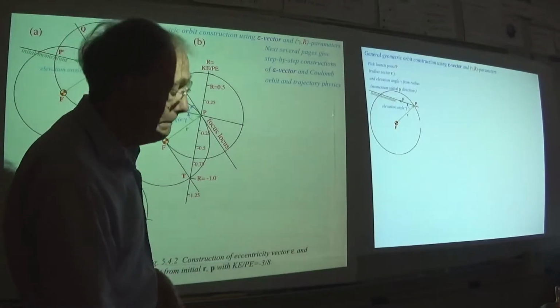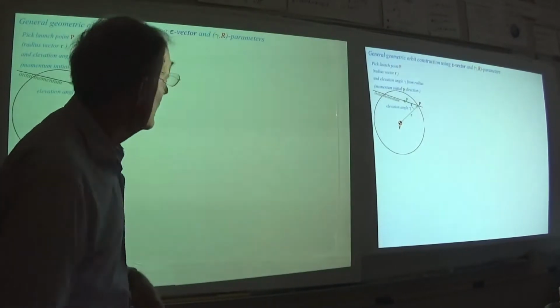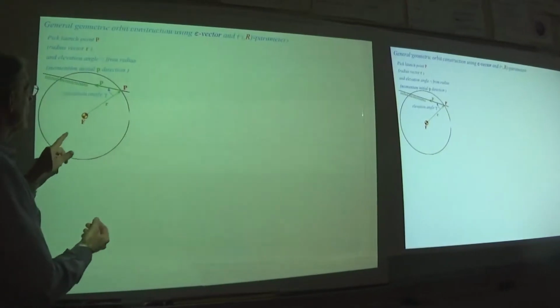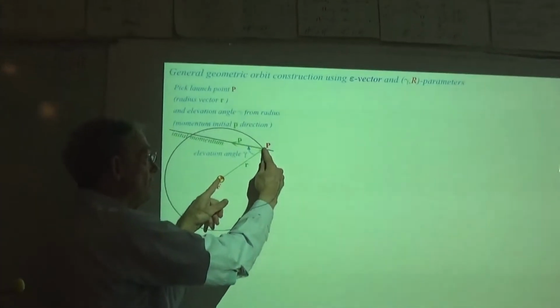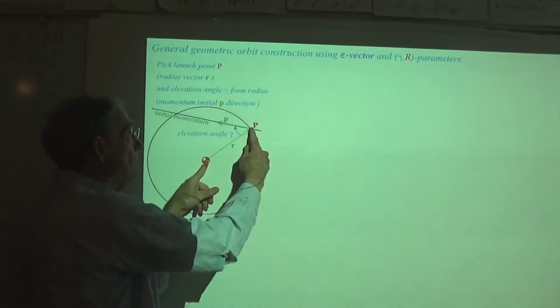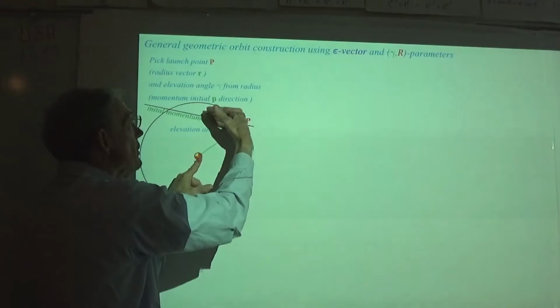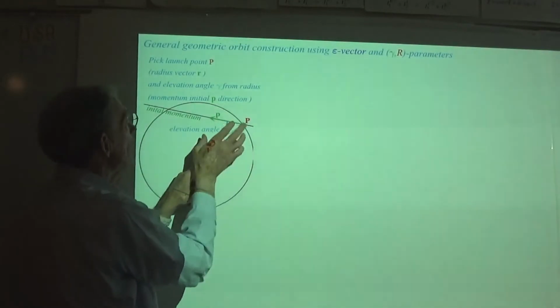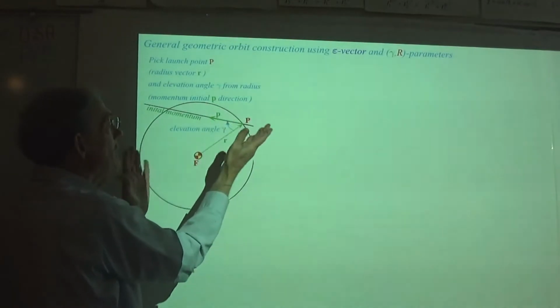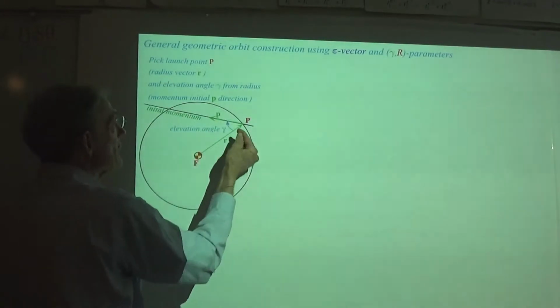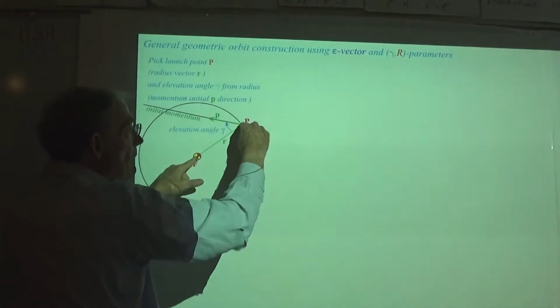There's the first step. Imagine you have picked a radius from the Coulomb center, and you've decided to launch a particle with some angle and some speed. So the idea is to figure out the orbit you're going to get if you shoot something from any point.